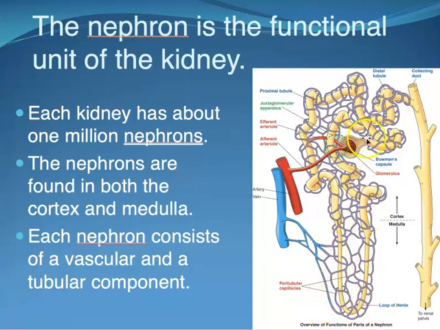And again, there's this tubular component, which is in yellow, and then there's also blood vessels that are closely associated with it, because as this nephron is filtering blood, filtering fluids from the bloodstream, so things are moving from that glomerulus into these tubes, you're going to make adjustments along the way.